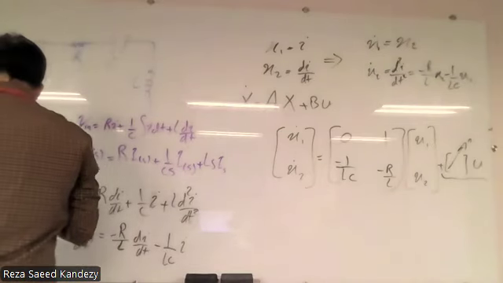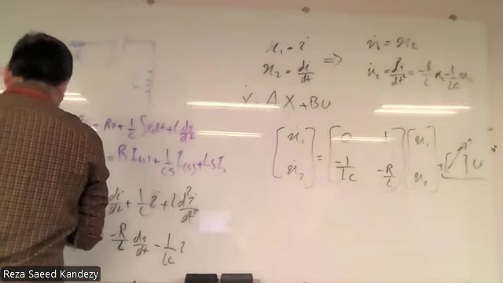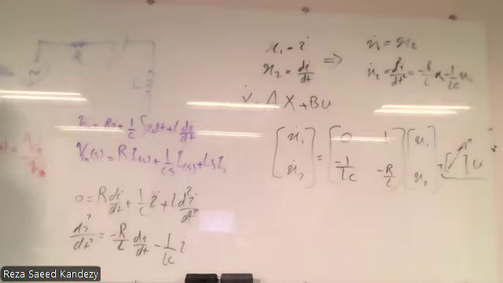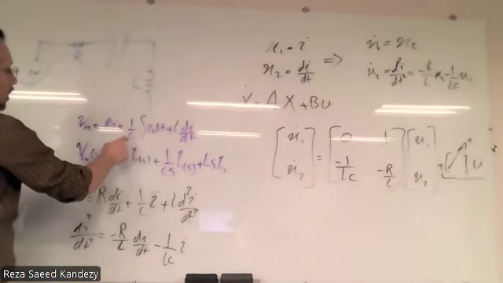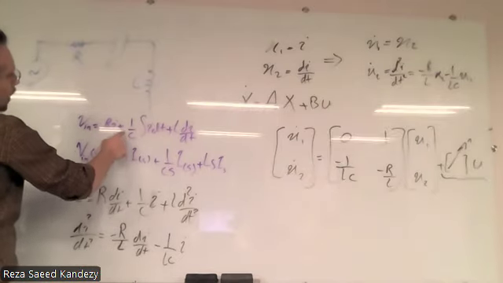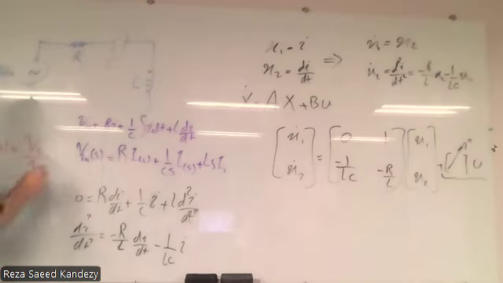So our output is V of C, which is 1 over C, the integral of the I dt. Now keep that in mind. We are going to use that.